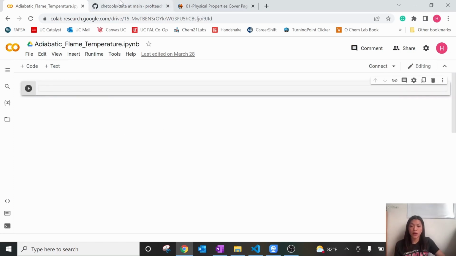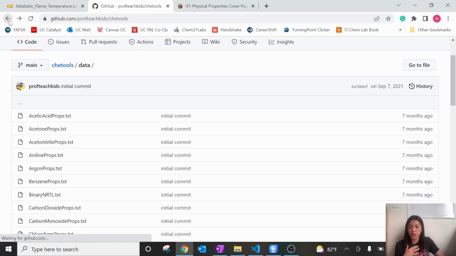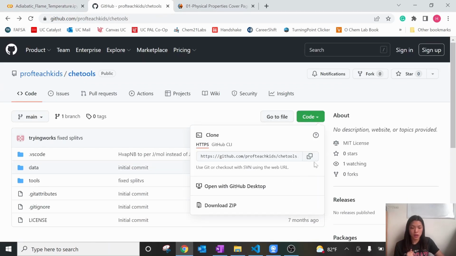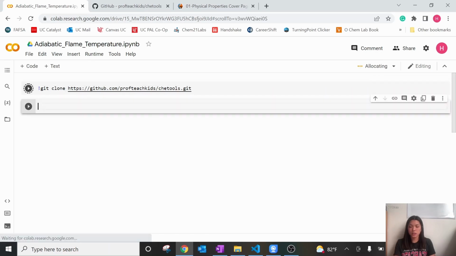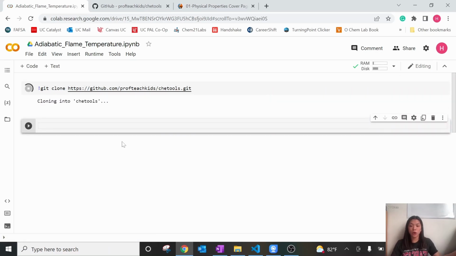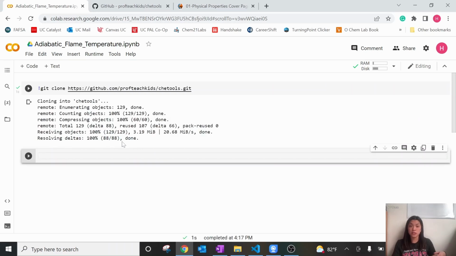So we're going to import this repository into our code. We copy the link for this repository, use !git clone, paste our repository in, and press shift enter, and this will clone all the data from this repository into our code.